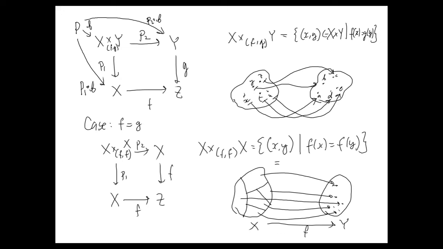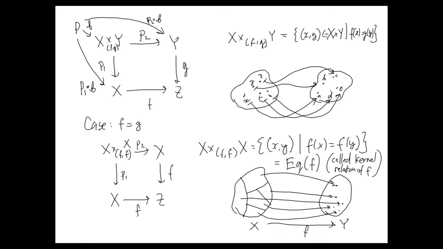It's called the kernel relation of F and can be written as EQ F, equivalence relation for F. In a general category, this is called the kernel relation of F. Michaela, have you seen kernel relations before in your work? Yes. Great.